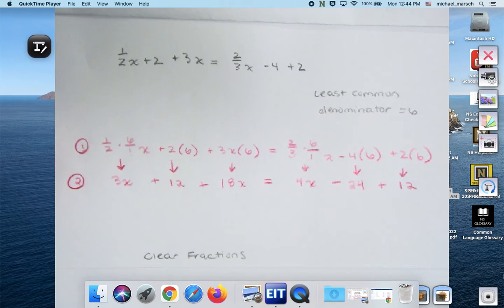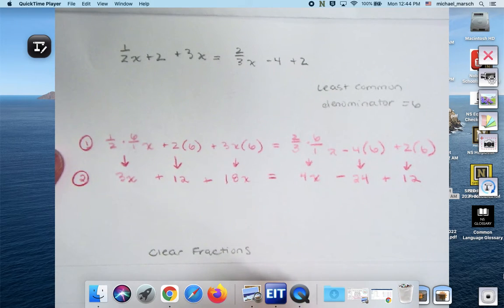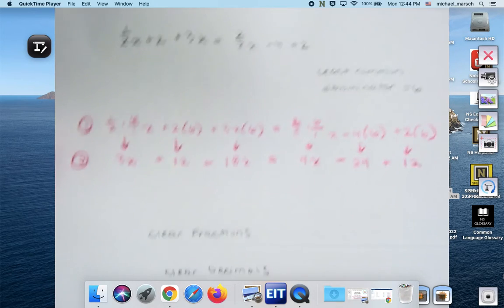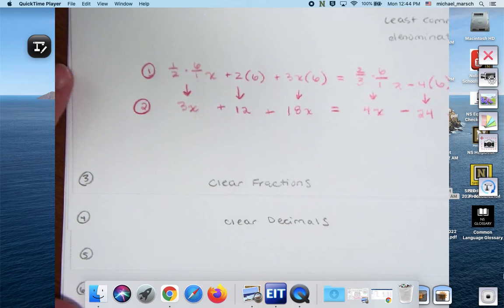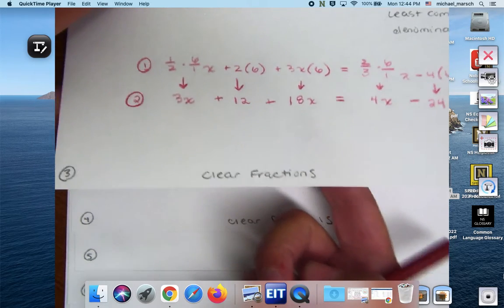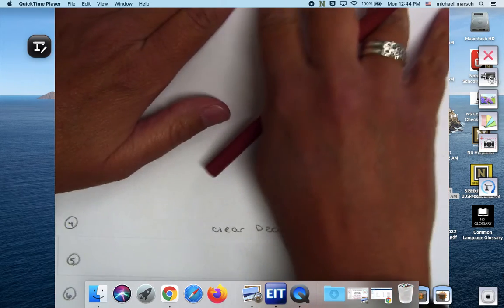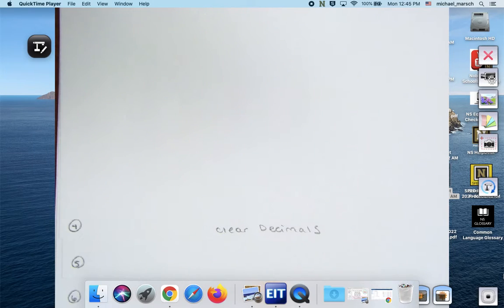Okay. The next one is clear decimals, which some of you might be thinking, we don't have any decimals, so we're not going to put anything on this page because I don't want to confuse you with going off track of this equation we keep building on. So after you write clear decimals, you're going to open this up, and right above it we're going to write no decimals to clear.